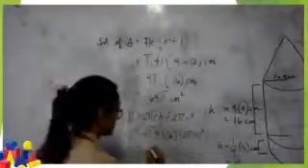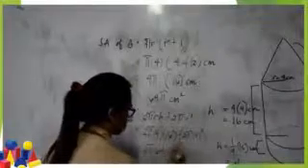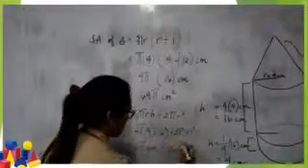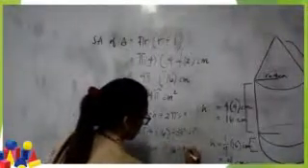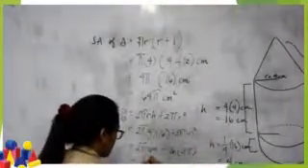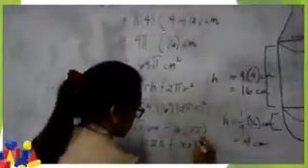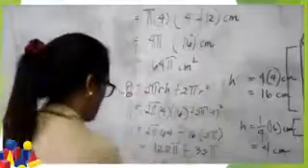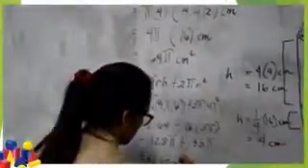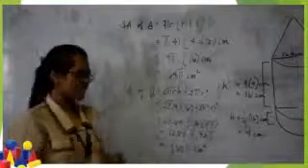Then simplify. So the surface area of the cylinder is equal to 163 pi centimeters squared.